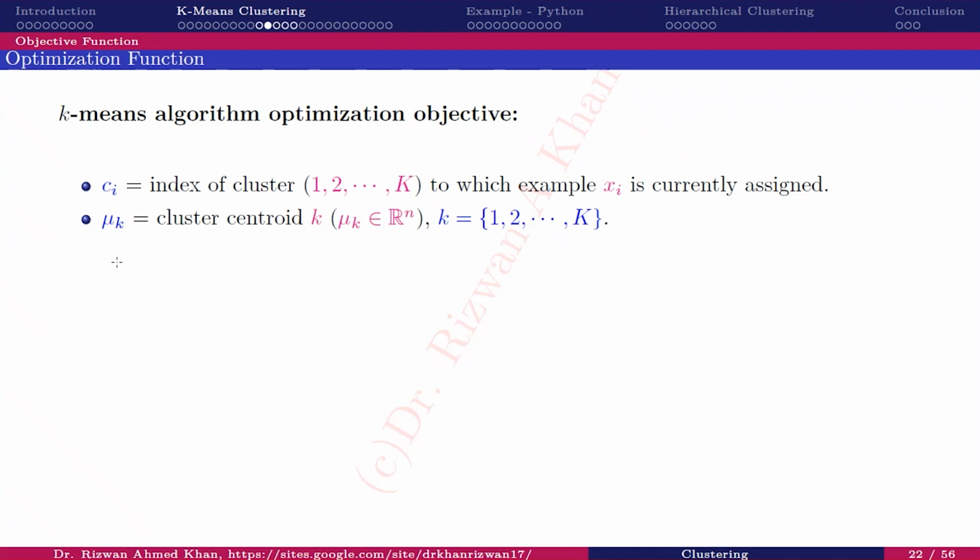The second variable we have already seen is mu of k, and this is small k. Keep in mind this is small k and this is large K, and large K is the total number of clusters. So mu of k is the cluster centroid. Mu is mean or average, as we already know, and centroid is again average and mean.